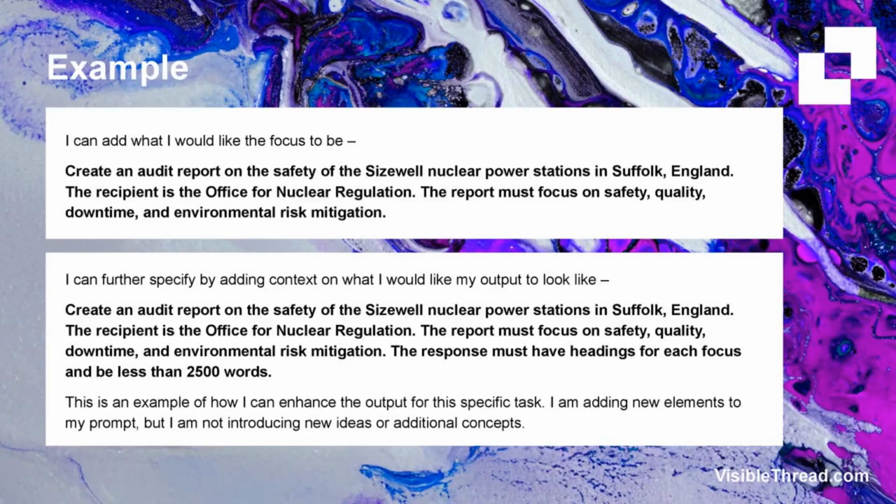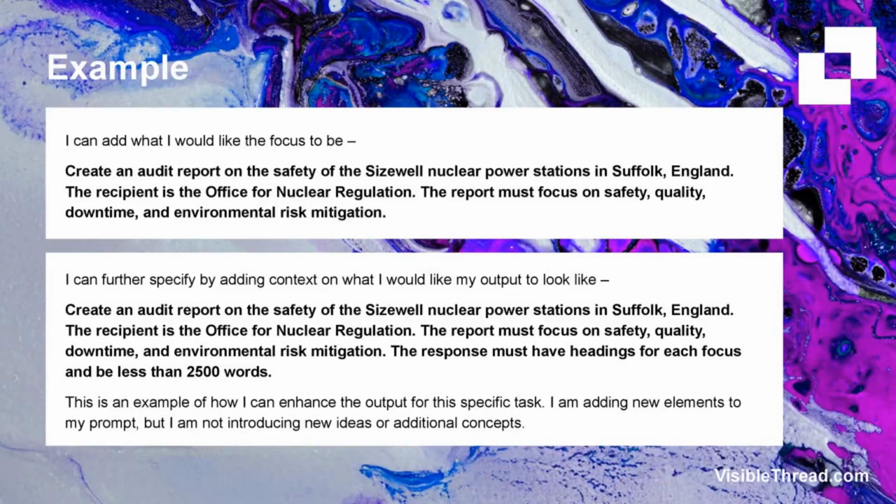And then in our last space here, same front end, all of our information has stayed the same. Our focus is the same, but we've added some framework and a constraint piece. So the response must have headings for each focus and be less than 2,500 words. The thing to remember with this is an example of how we can enhance the output for this specific ask.